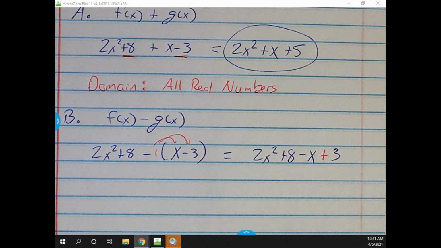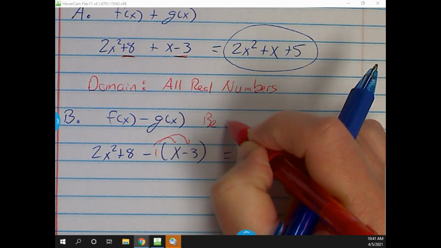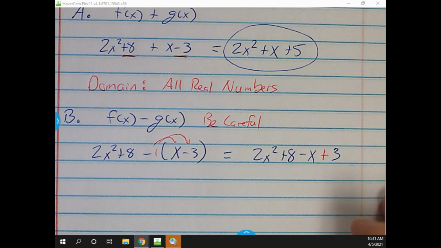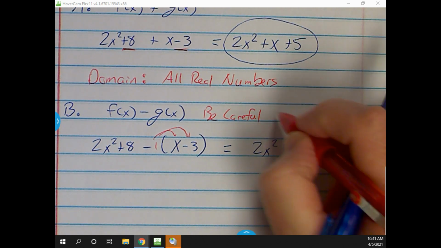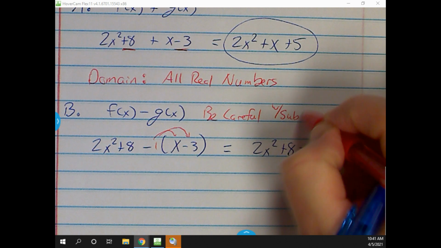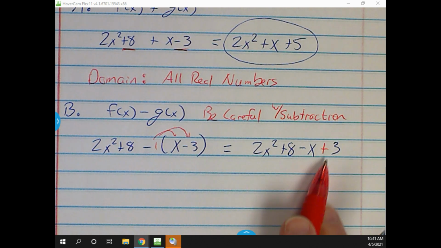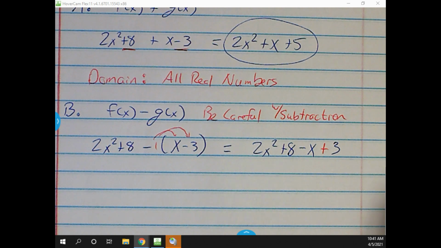Okay, and again, not a big deal, but with subtraction, you just have to be careful. Again, it's not hard. It's always that one little term that throws people off sometimes.